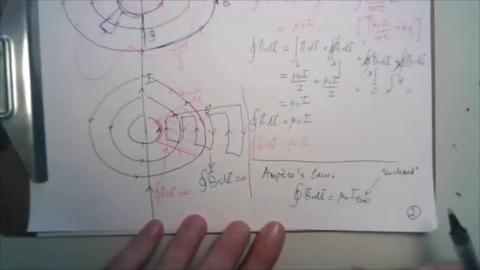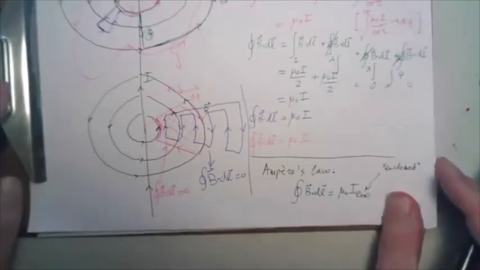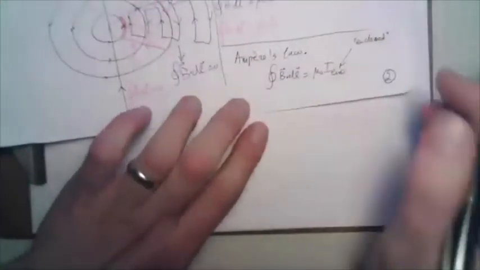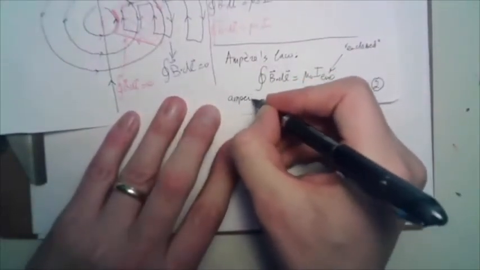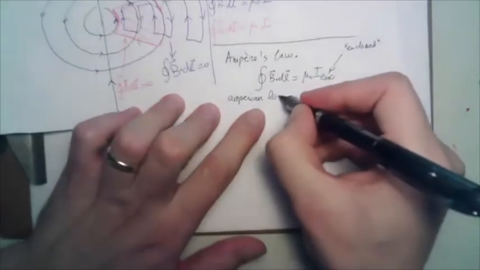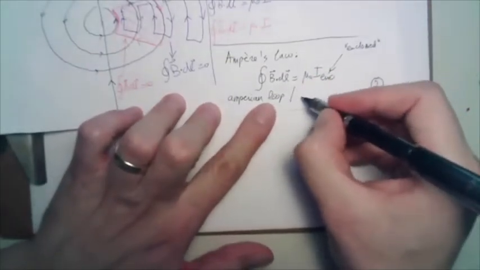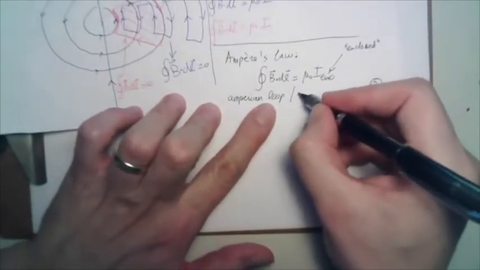So it plays the same role, and the geometric object that we integrate over is an Amperian loop, which is the edge of an Amperian surface.